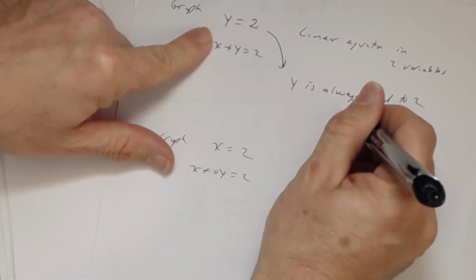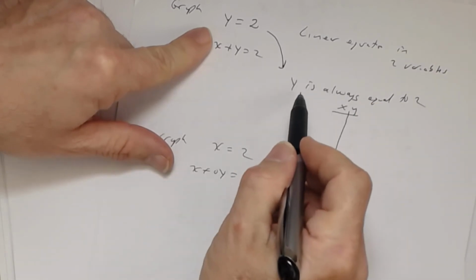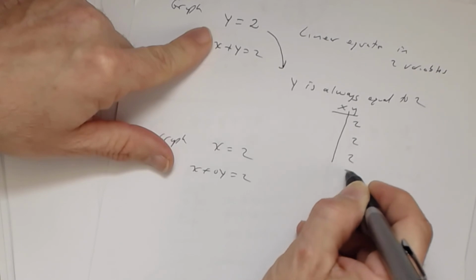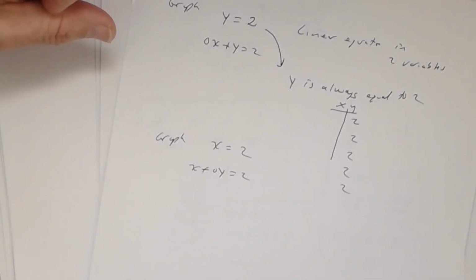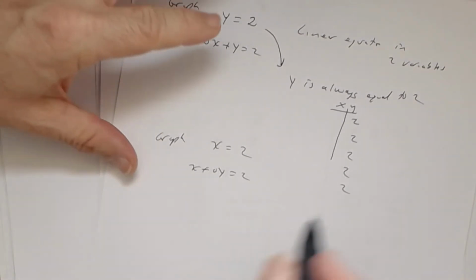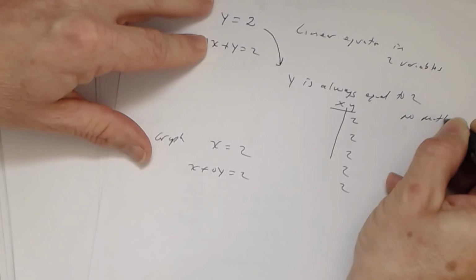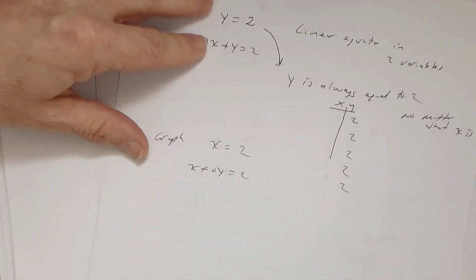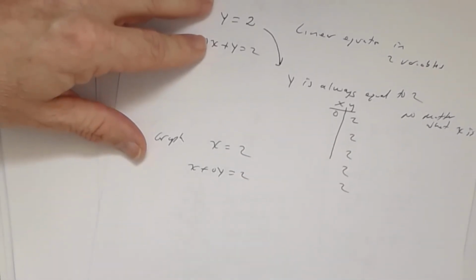So if you think about this in terms of a t-table, x, y, we just said y is always equal to 2. That means my y column is always going to be 2. You have 2's down there, no matter what x is. So if x is 0, what's y? 2. If x is 3, what's y? 2.